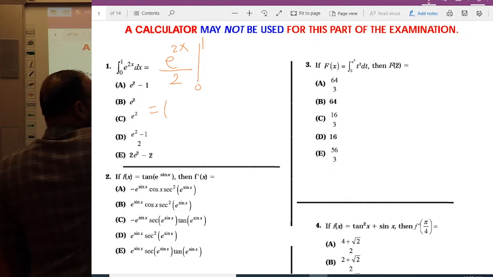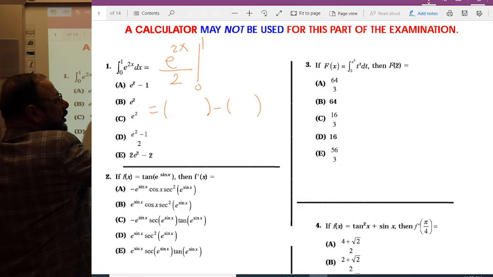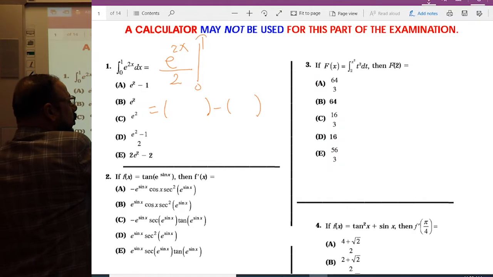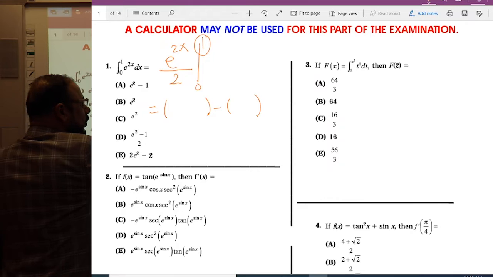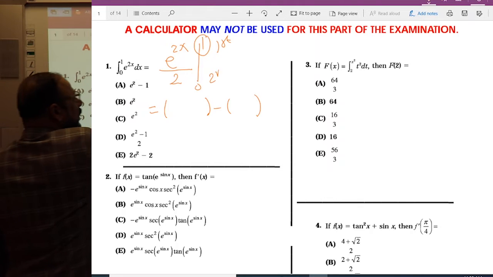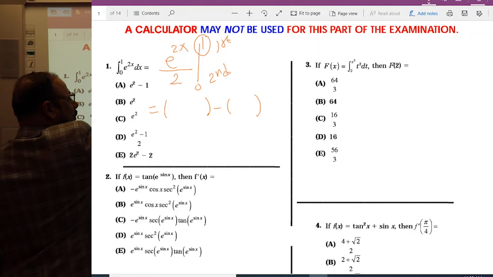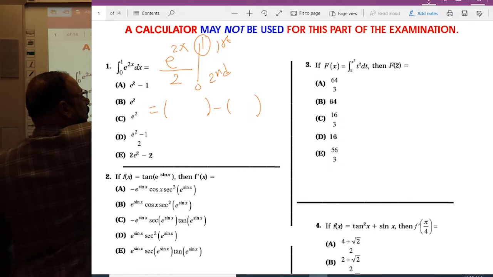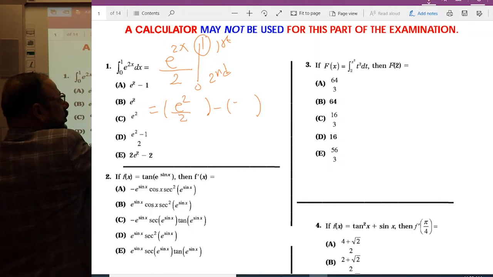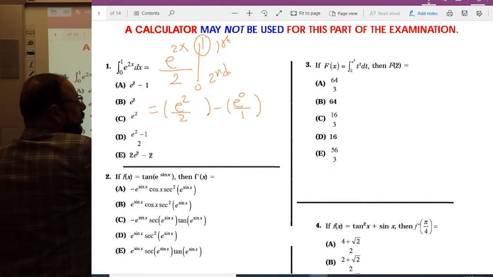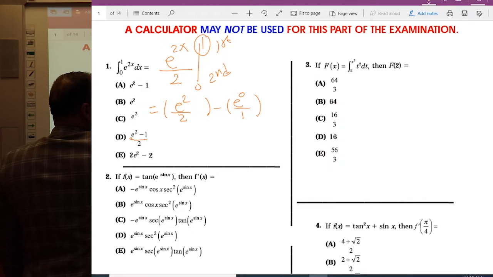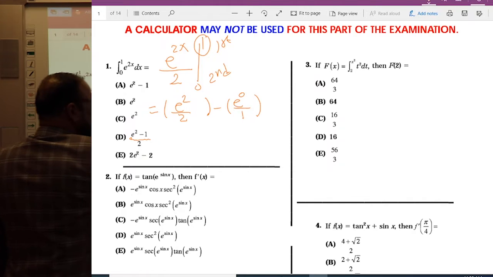To finish the problem, we call this definite integration. You open two parentheses, 1 minus, you plug the 1 first, the top number first. This is always first, and this is the second. e to the 2 times 1 is e squared over 2, minus anything to the power 0 is 1.